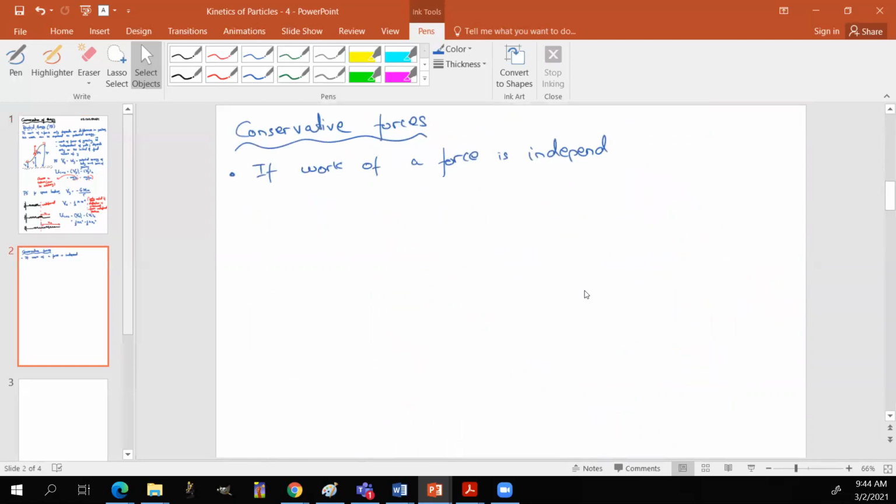All right, so now if the work done of a force is independent of the path, what we say is that the force is conservative. Right?